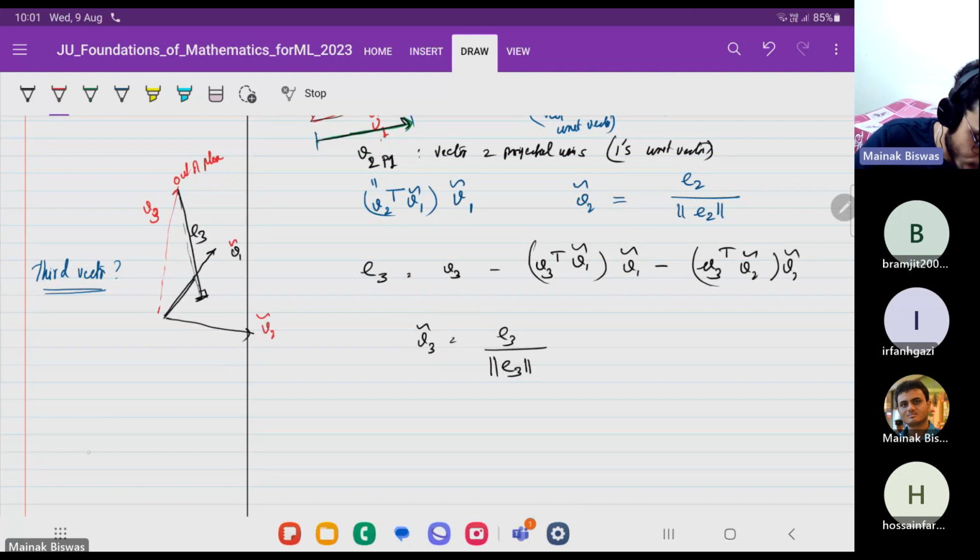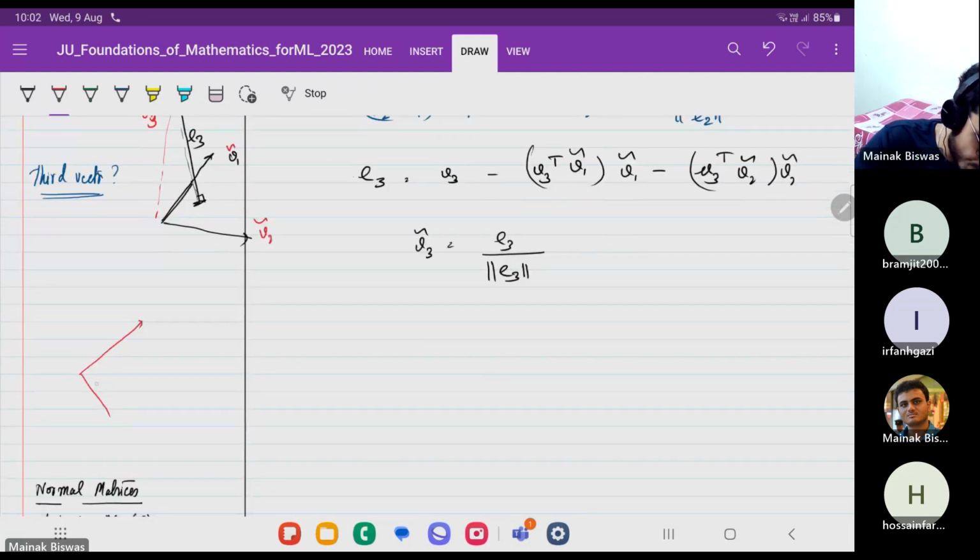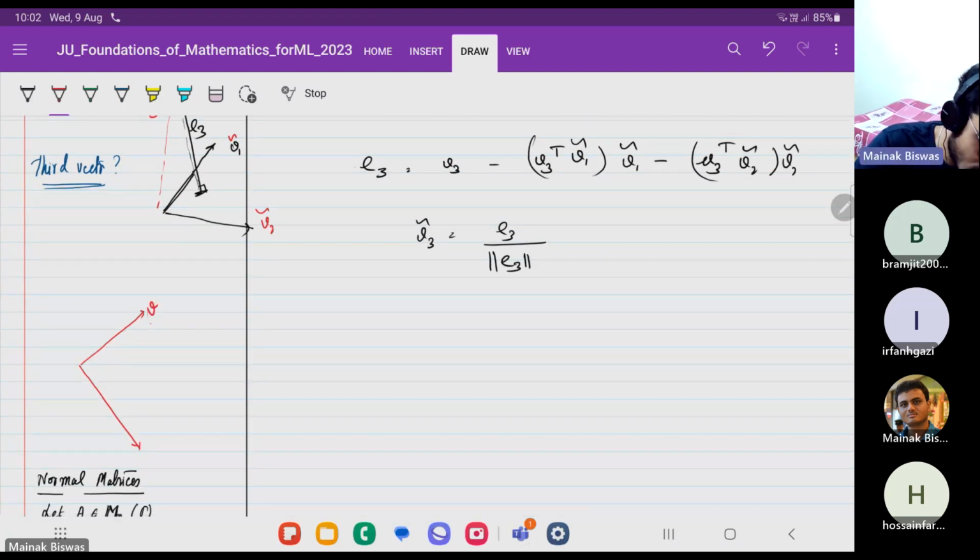So I already have two vectors, right? I have one vector which is called V2 tilde. I have a vector V1 tilde, right? And the angle between them is 90 degrees. Yes or no? Okay. Yes. And then I have one vector that is out of the plane.